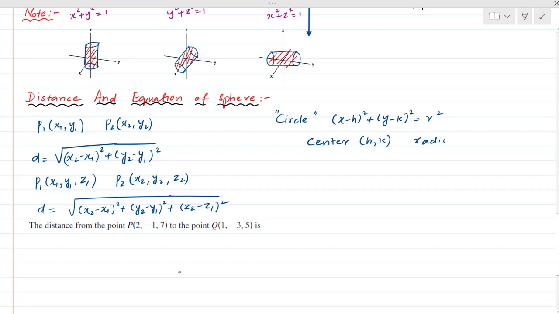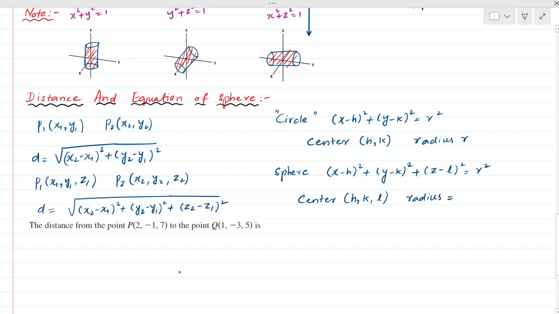Whereas for the sphere, in three dimension, it is x minus h whole square plus y minus k whole square plus z minus l whole square equal to r square, where the center of the sphere is given by h comma k comma l and the radius is equal to r. So we are going to use this formula in our problem.